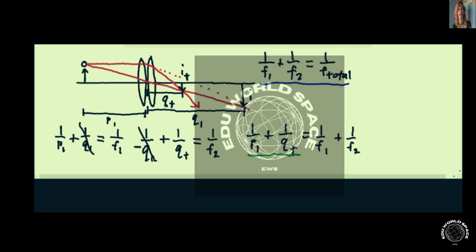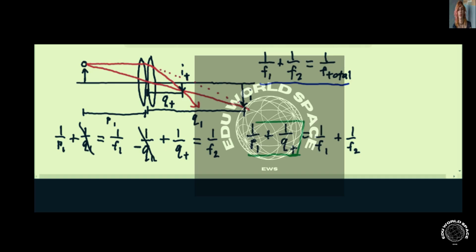Something you notice here is the left-hand side of this equation is really defining the total effect of both these lenses combined. The light ray starts at the object O at position P1, and it forms an image at position QT.